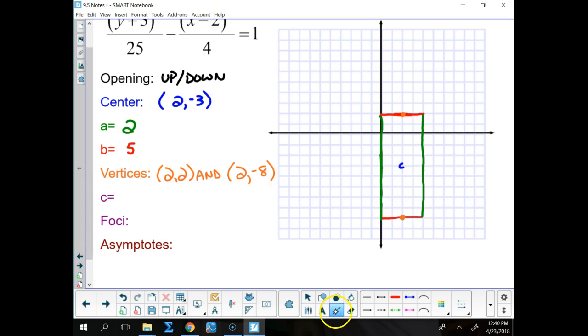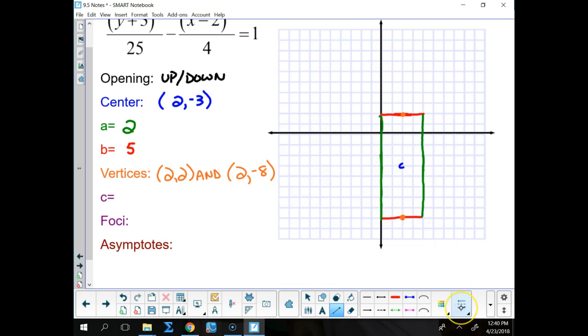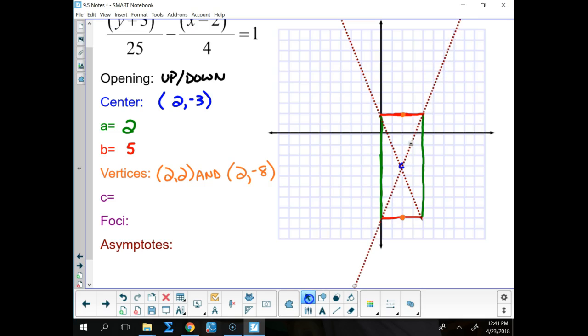Asymptotes. Equations of our asymptotes.